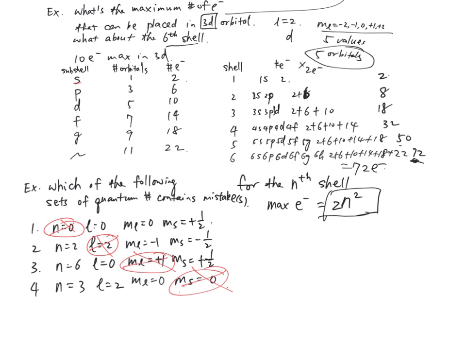Okay, and now that we have that structure in place, we can start to try to place electrons into these orbitals, because like we said before, hydrogen has only 1 electron. But we're not only dealing with hydrogen in chemistry.